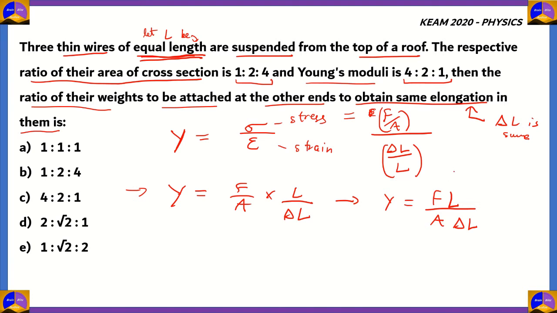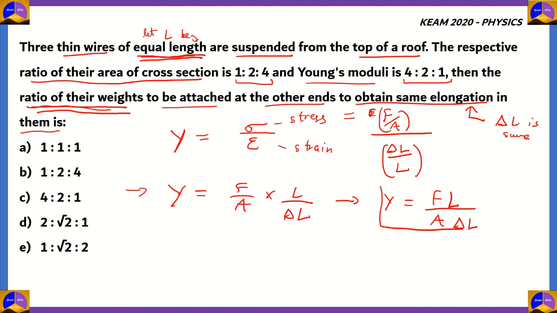And how do we find out the force exerted on the wire? That depends on the ratio of their weights. So we're basically finding out the ratio of F, because the weights attached to the thin wires at opposite ends will produce a force on that wire.